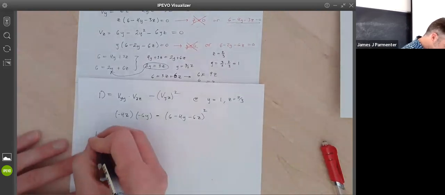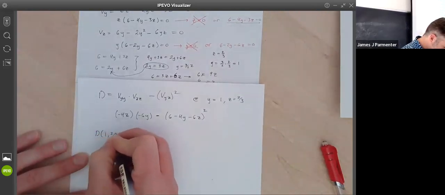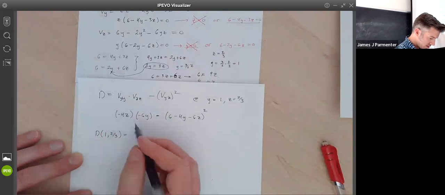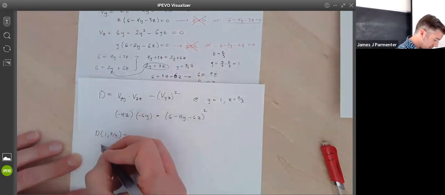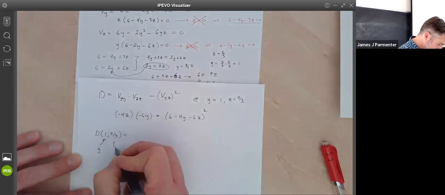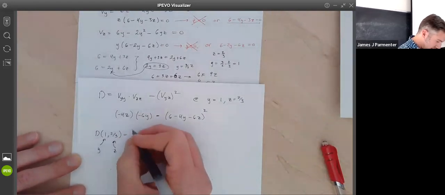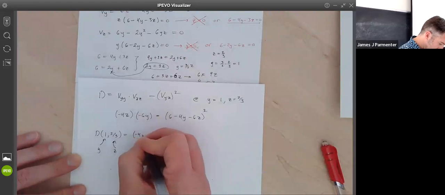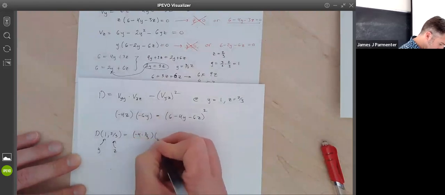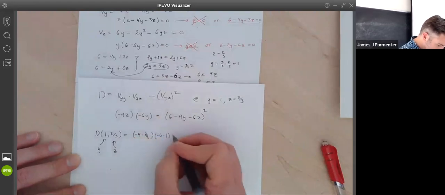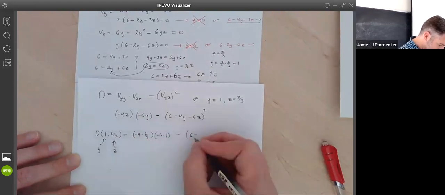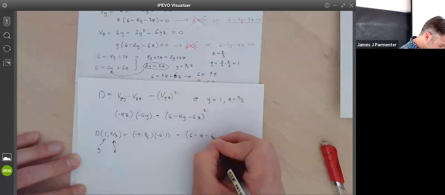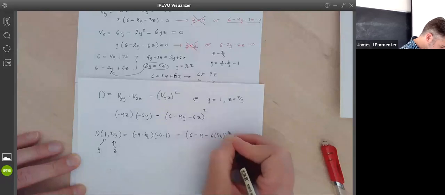So if I plug in 1, 2/3, I'm going to get, let's see, -4 times 1. Oh, sorry, I should be careful, right? That's my y value. That's my z value. So I'm going to get -4 times 2/3 times -6 times 1 minus 6 minus 4 times 1 minus 6 times 2/3 squared.